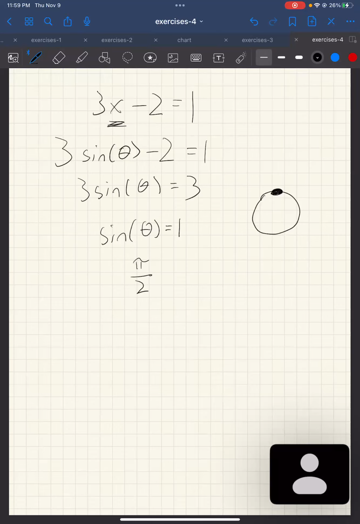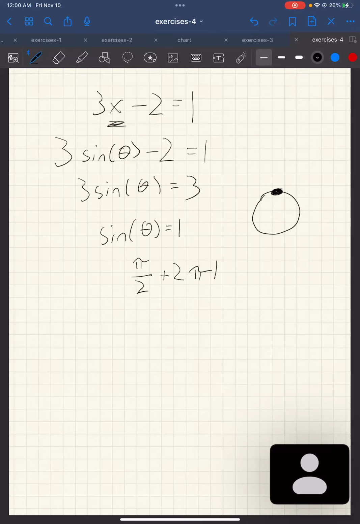So everything that is coterminal to pi over 2 is going to be an answer. So I can add 2 pi, and that's another answer. I can add 2 pi again and again, or subtract 2 pi again and again.